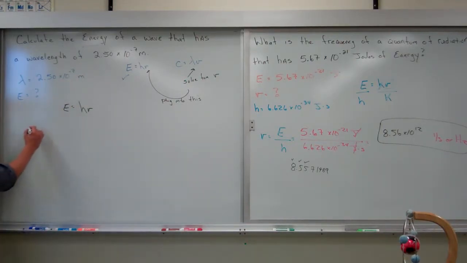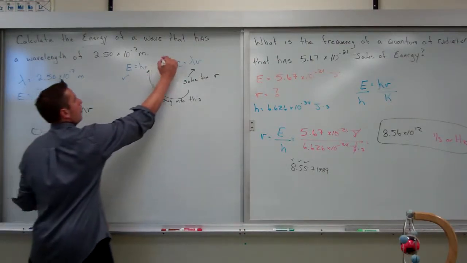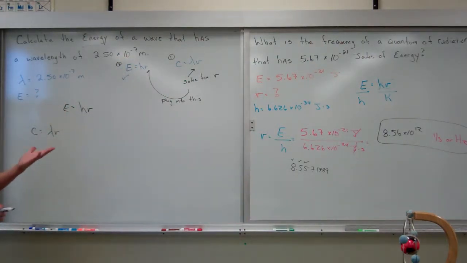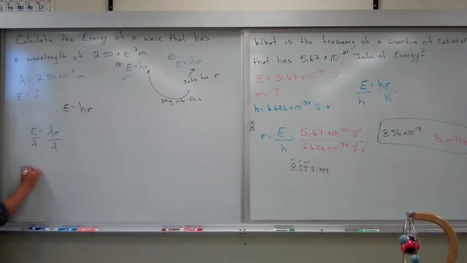So let's do that. c equals lambda v. We want to solve that equation, which I'll call equation 1, for v. That means we divide both sides by lambda, and I'll get that v is equal to c over lambda. Right?